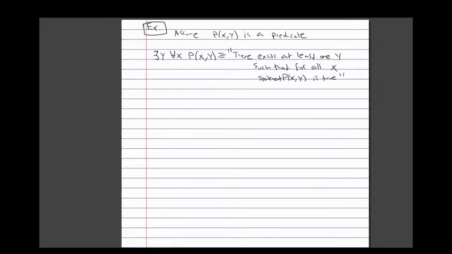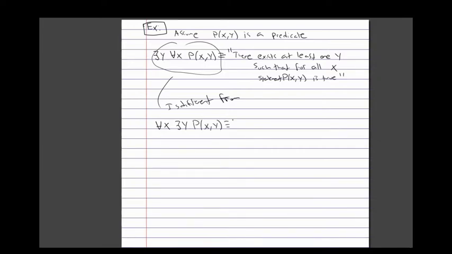So this statement right here is different from the statement for all x there exists a y such that p of x y is true.